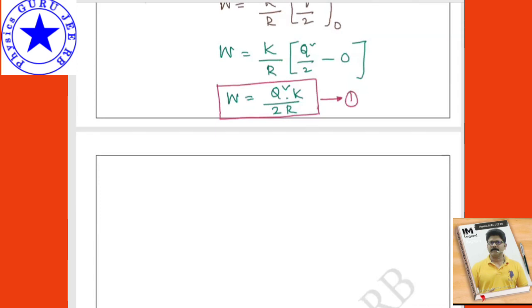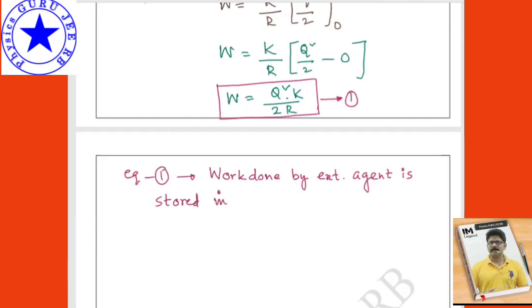So equation number 1 represents work done by external agents, which is stored in the form of potential energy.